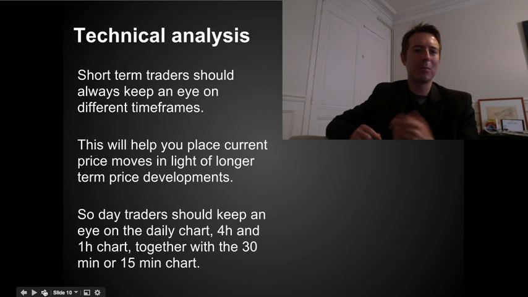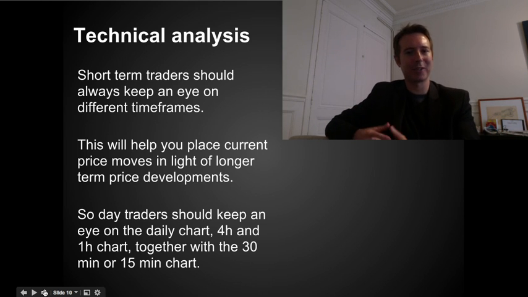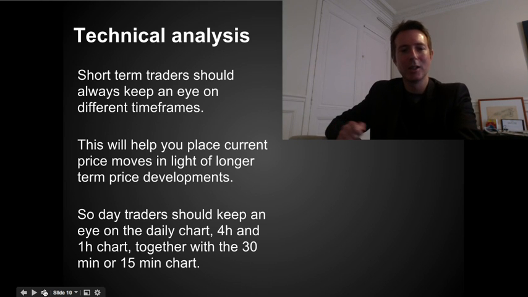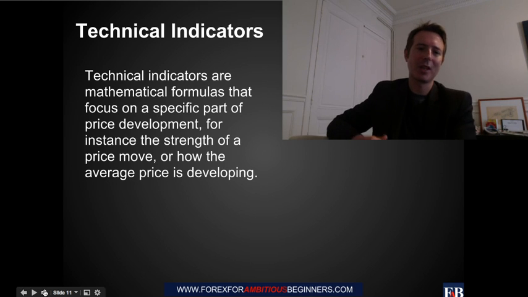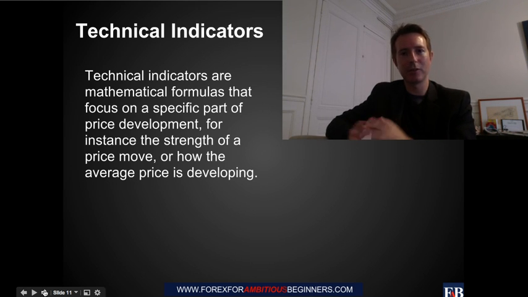Something you might not see on the 10-minute chart, because the period that you're looking at is much smaller, so you can't see how strong that resistance point actually is. For that reason alone, you should keep an eye on it to see how strong support and resistance points are. By the way, we're going to talk about support and resistance in the next webinar as well.